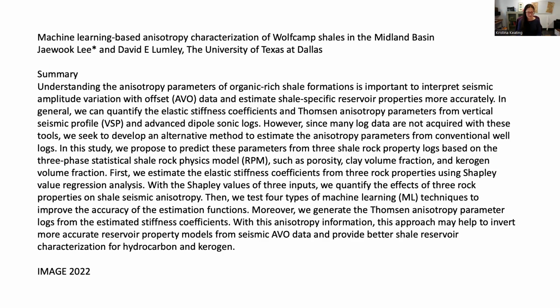The title of the abstract is Machine Learning-Based Anisotropy Characterization of Wolfcamp Shales in the Midland Basin. It is written by Jae-Wook Lee and David Lemley from the University of Texas at Dallas. This abstract clearly has actual information in it. It is from a real scientific study.